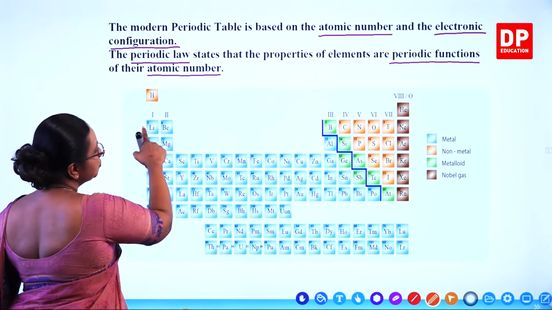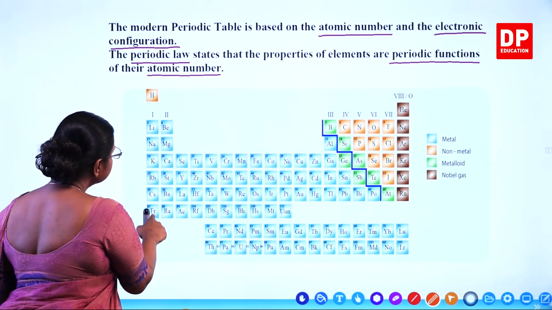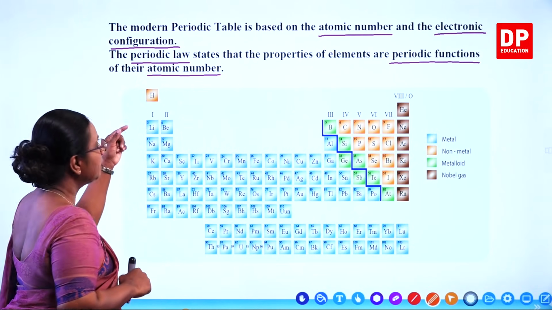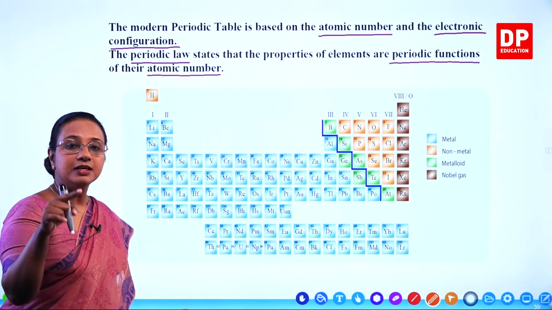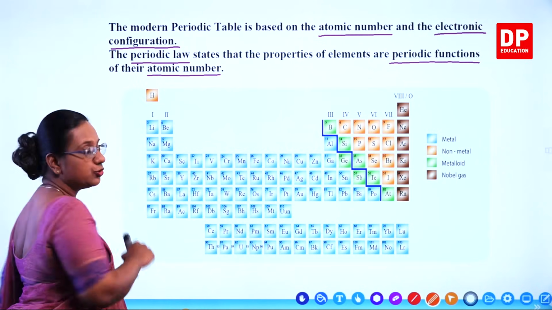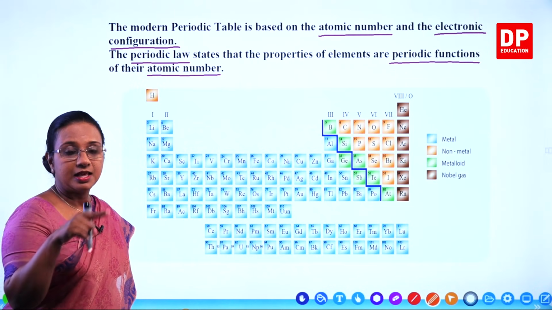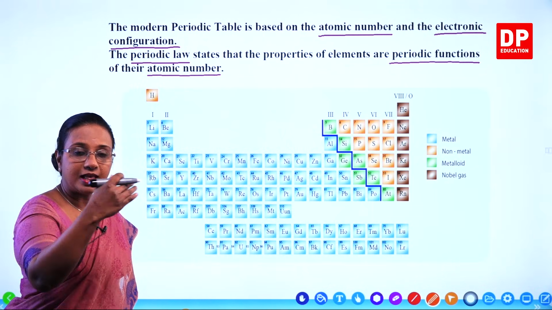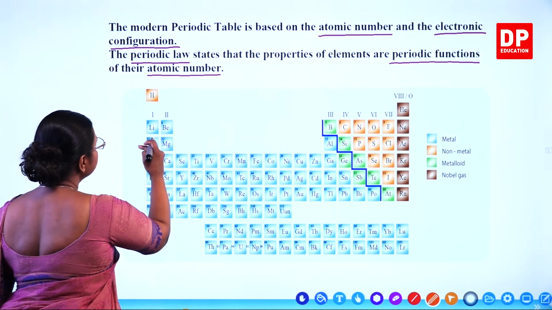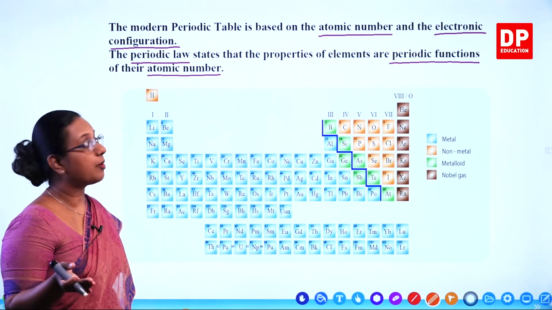That is, when we arrange them like this, if you look at this side, 3, 11, 19, you can see there is an increase of 8. 3 to 11 and 11 to 19. So, similar elements, they are recurring with an interval of 8. And these 3 elements, lithium, sodium and potassium, show similar properties.